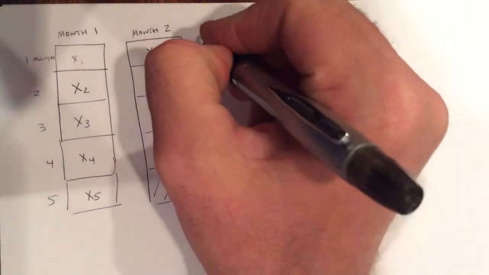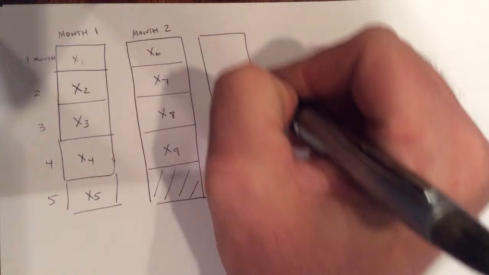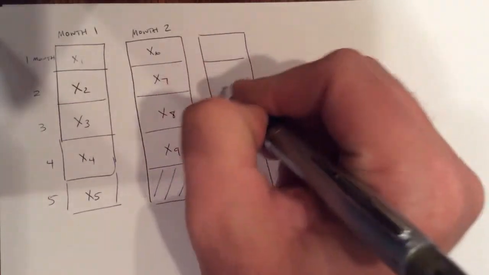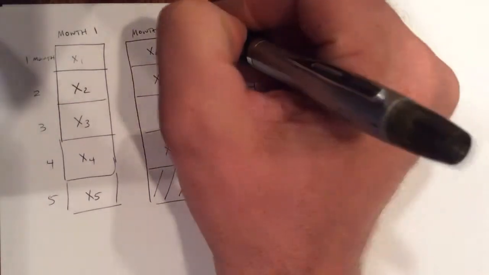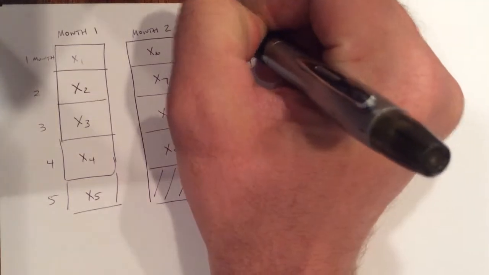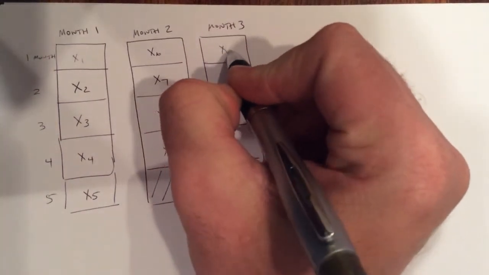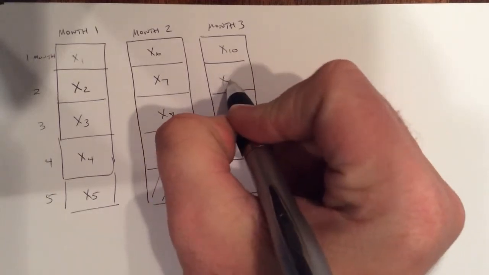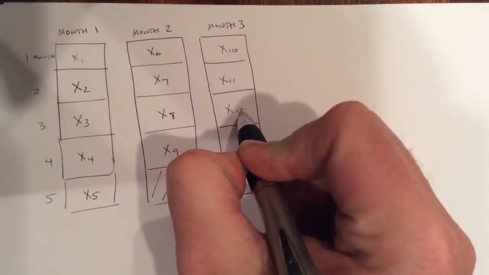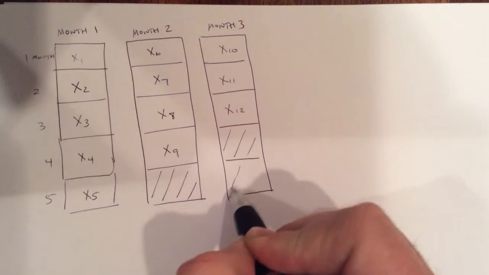Now month 3 is going to be similar. So month 3, we can take out a 1-month loan, which will be X10, a 2-month loan, X11, and a 3-month loan, which is X12, but we can't take out these other loans.